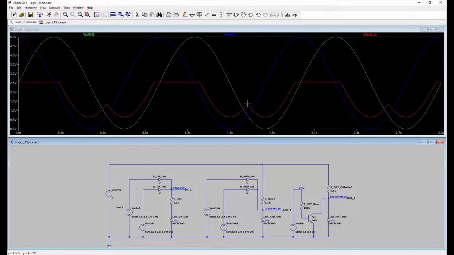Now, just for fun, again, if we take away the NOT gate and its input, and instead the NOT gate's input will be the output of the OR gate. This should be very interesting.